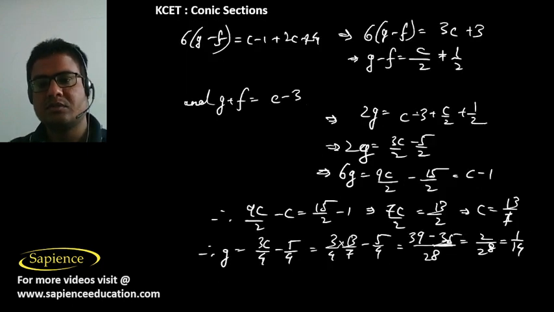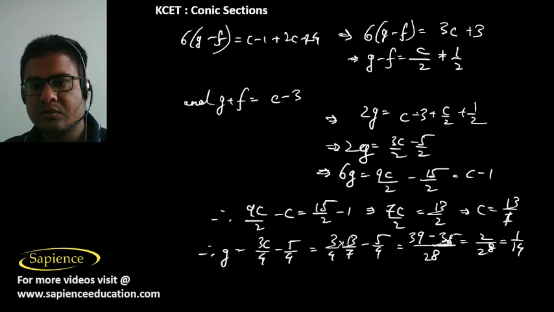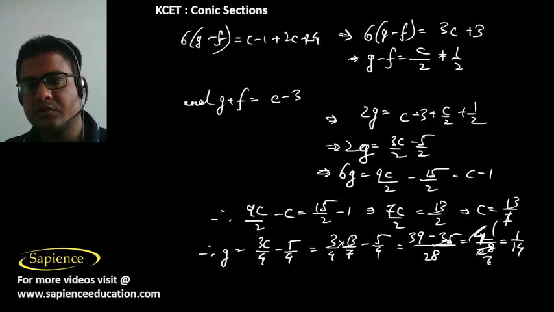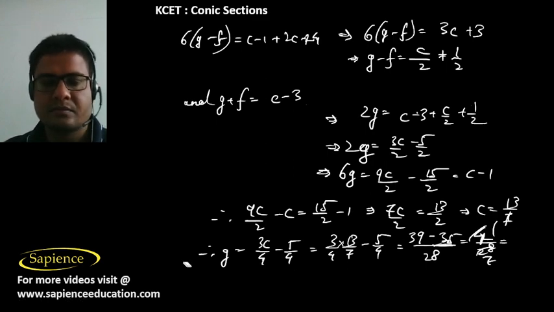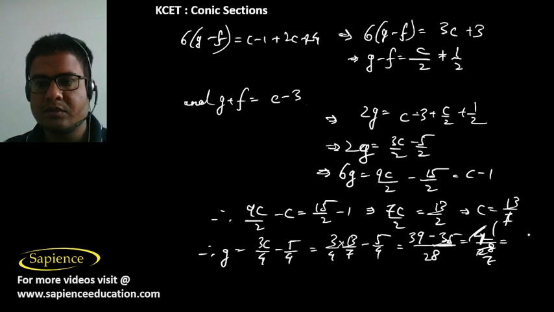Sorry, this is 39 minus 35, that is 4 over 4 7s are 28, so that is 1 by 7. So g is equal to 1 by 7.